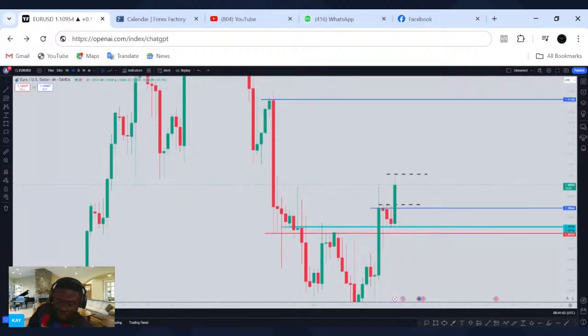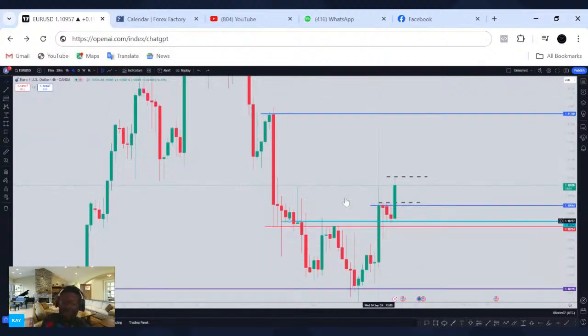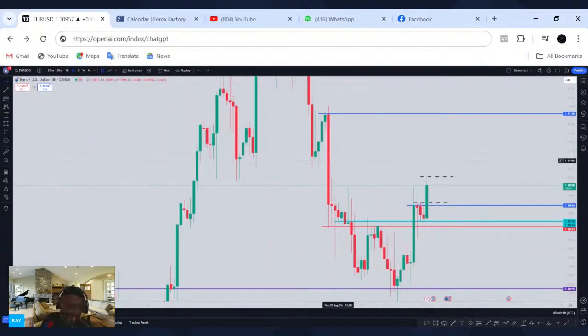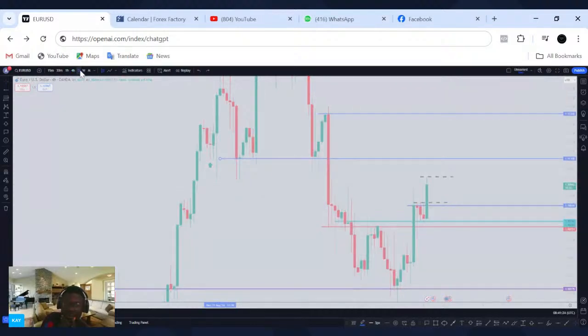The price level on the daily time frame, let me see something.